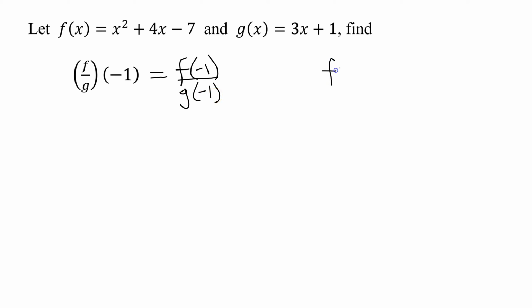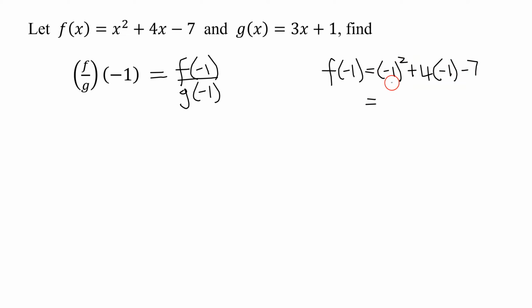So over here, I'm going to figure out f of -1, the value of the function f evaluated when x equals -1. So it's going to be -1 all squared. I'm substituting a -1 in for each of these x's, plus 4 times x, which is -1, minus 7.